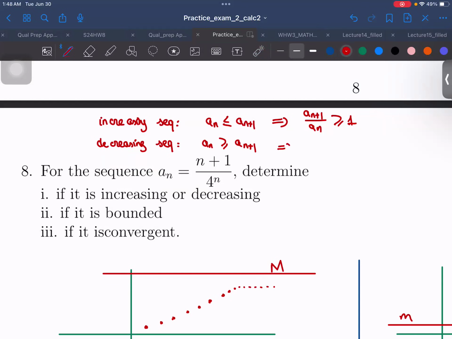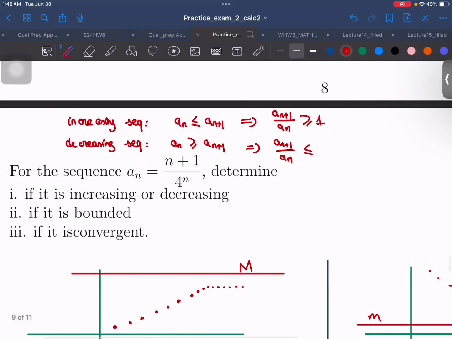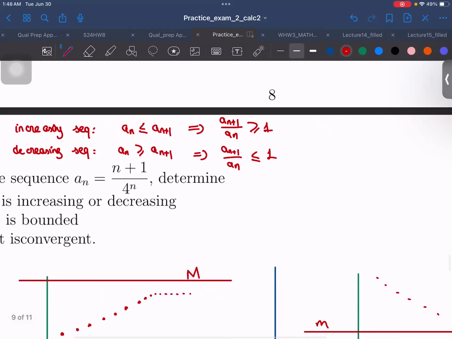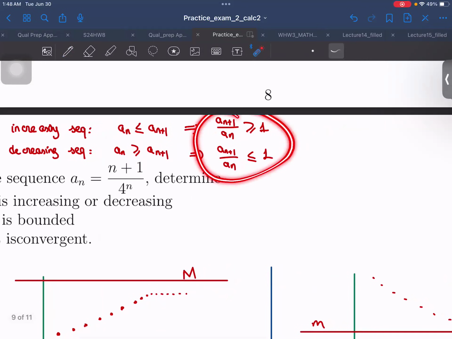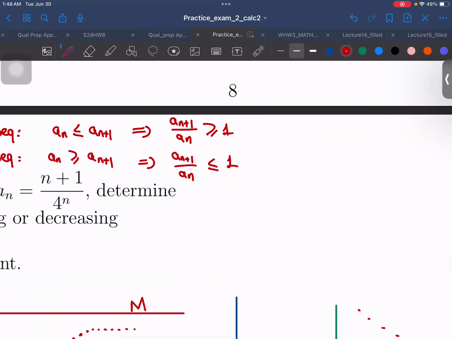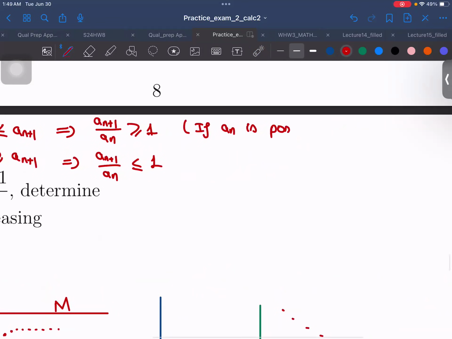And from here, I will divide both sides by a_n again, and I have something less than one. Remember that the ratios over here just apply if a_n is a positive sequence.